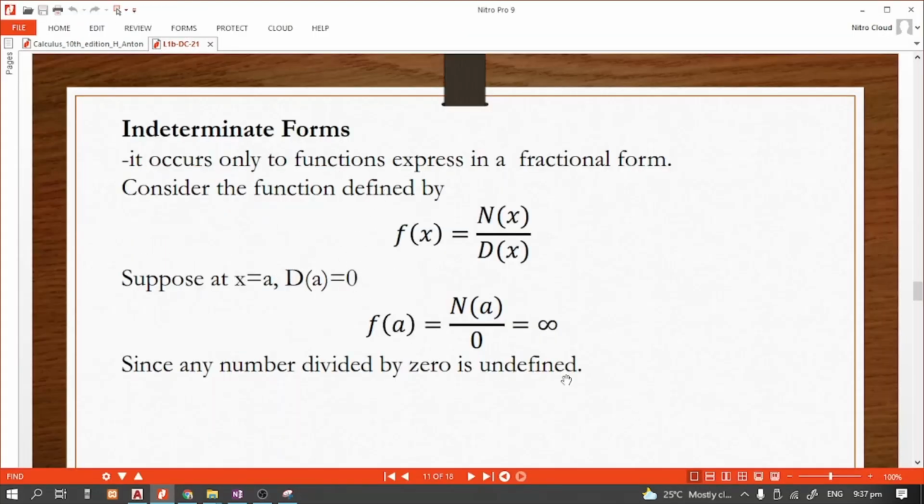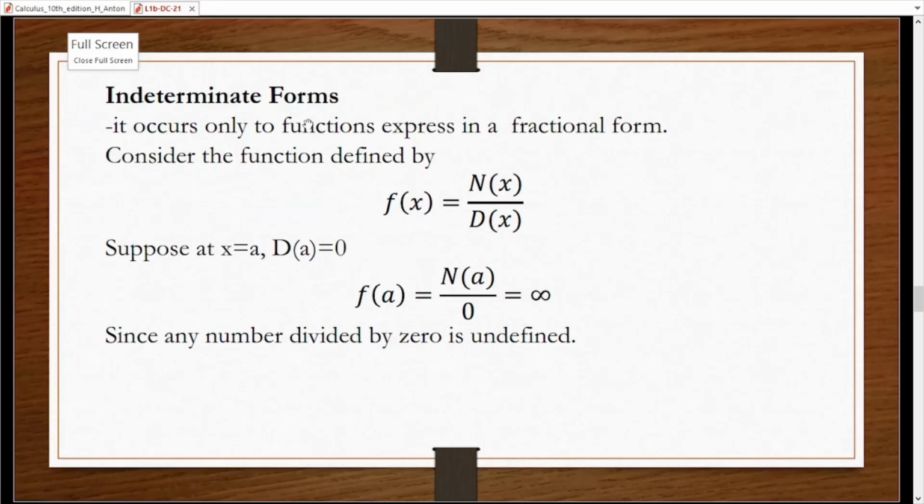So, sabi dito, consider the function defined by, so yung function natin is in a fractional form, may numerator siya and then denominator. Suppose that at x is equal to a, so kunwari given value tayo ng x, wherein yung value ng x na yun, kapag sinubstitute natin dun sa equation natin sa denominator, nagiging 0 siya.